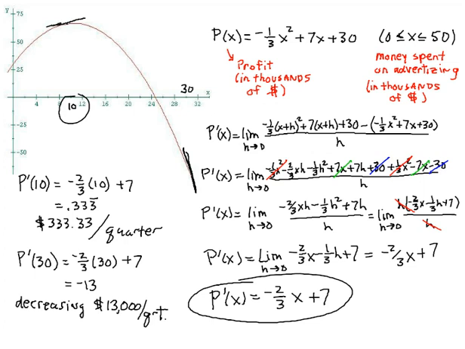So the profits are increasing a little bit at a small rate. But again, over here at 30, the profits are negative. The tangent line, the steepness of the profit function at x equal to 30 is fairly steep. The function is changing pretty rapidly, and it's also a negative slope. The profits are decreasing at a rate of $13,000 per quarter.